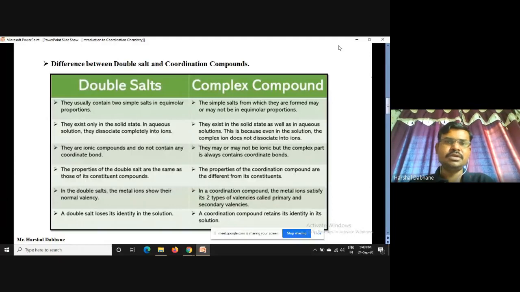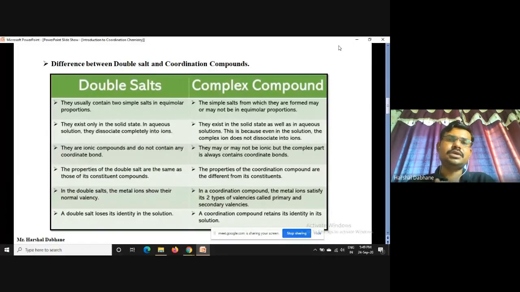Double salts exist only in the solid state, and in aqueous solutions they dissociate completely. When we dissolve them in the aqueous phase, their identity is lost.